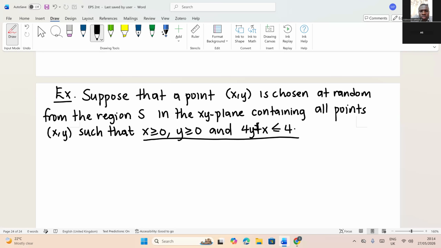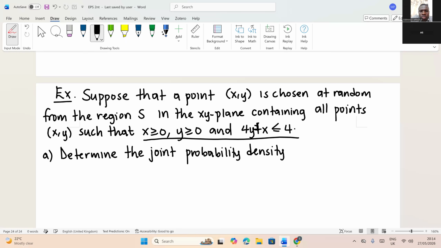Part A, determine the joint probability density function of x and y.